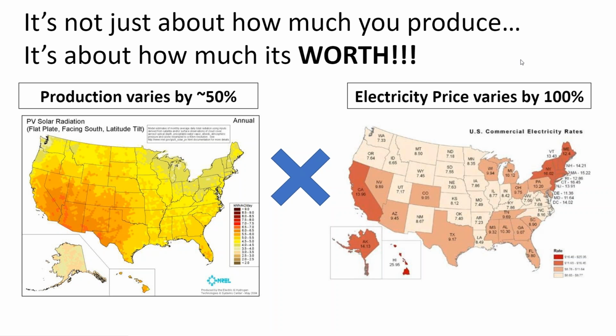But that's only half of the equation. The other half is how much electricity is worth. On the Northeast coast, electricity is very expensive. Even though they don't get good sunlight, solar is very popular there because of how much value on-site solar generation has.